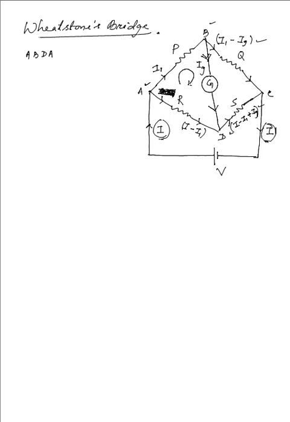Now consider the loop law. With the loop ABDA taken in the clockwise sense that I have drawn, VA minus VB is the potential difference across the points A and B, and that is simply equal to I1 multiplied with P, because I1 lies along the sense in which we are considering the loop.